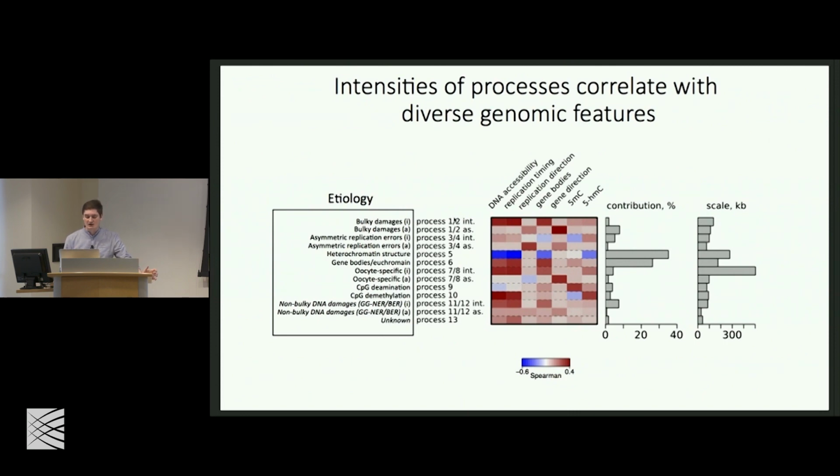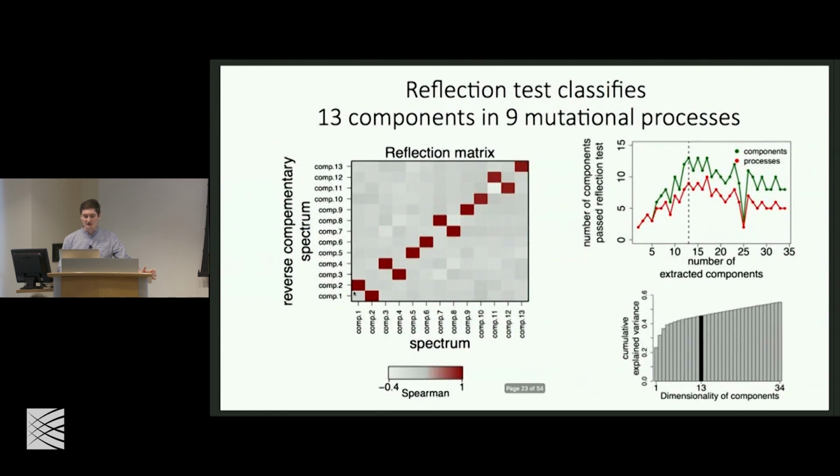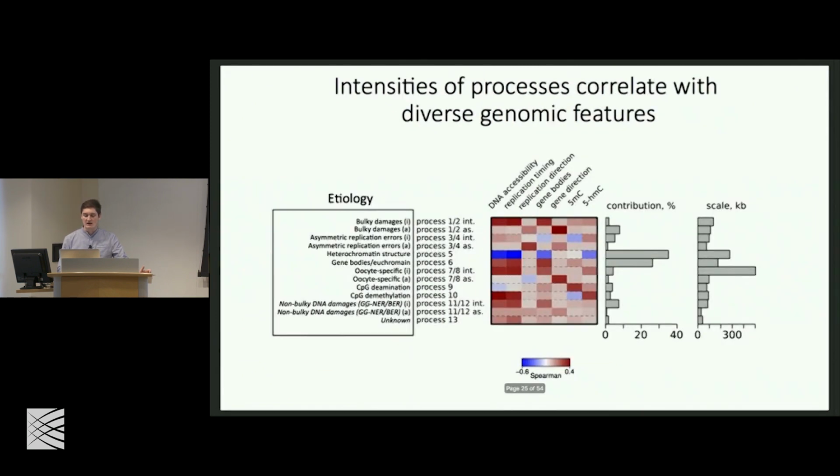Let's say if we look at what we call process 1-2, it is a process that corresponds to these two components. We can look at the intensity of this process as just the sum of intensities of these two components, or we can look at the asymmetry of this process, the difference of intensities of the two components. For this process, we see a strong correlation with replication timing, DNA accessibility, and localization of gene bodies.